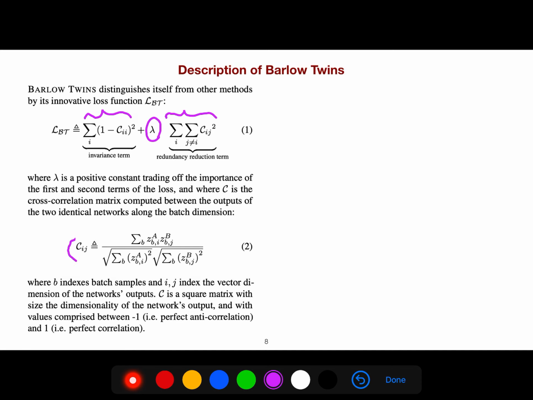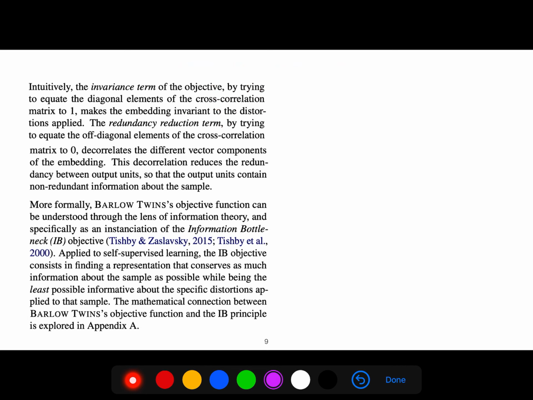You can compute the components of this matrix using equation 2. B here indexes batch samples, and i and j are the indices of the matrix, for example C11 is here, C12 is here. So it's a matrix of cross-correlation.